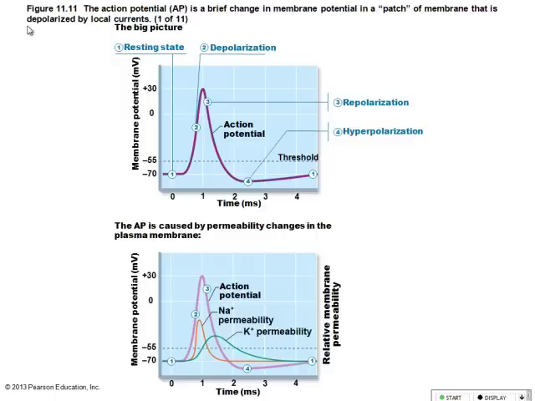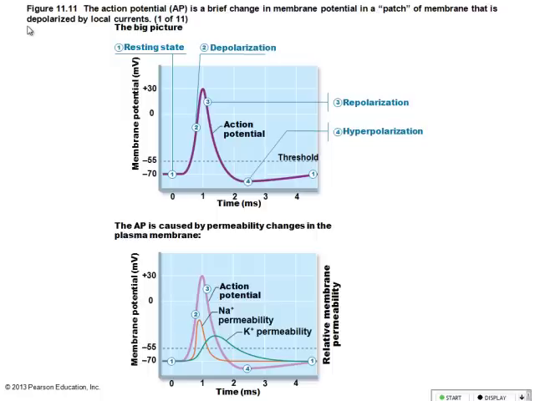What happens when repolarization takes place? What do you think happens to those little pumps? Yeah, they wake up after a short period of time, and they're going to start doing their job again. They're going to push sodium back out against its concentration gradient, and that's going to cause the charge to come back down.